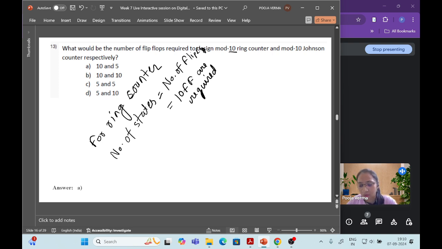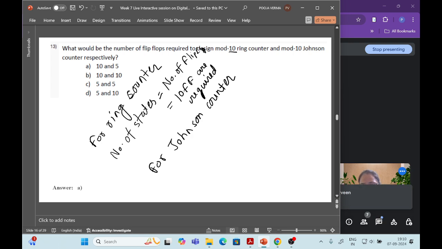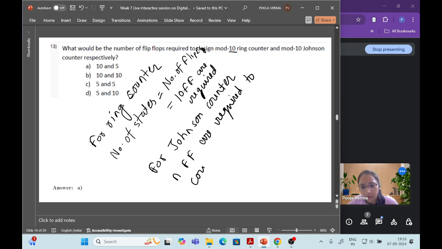And for Johnson counter, how many flip flops are required to count 2n states, right?